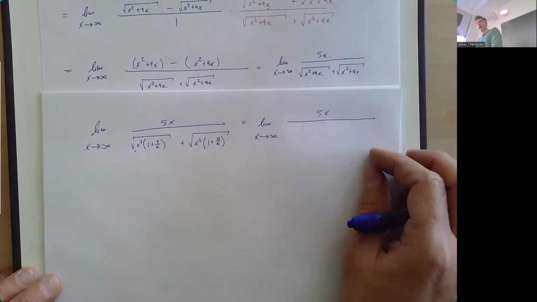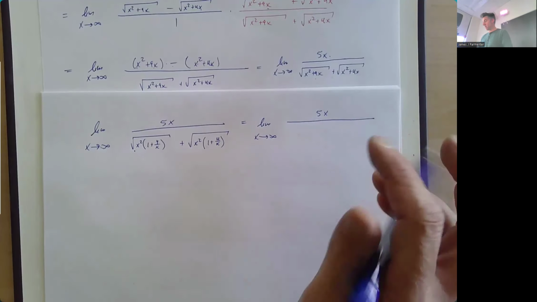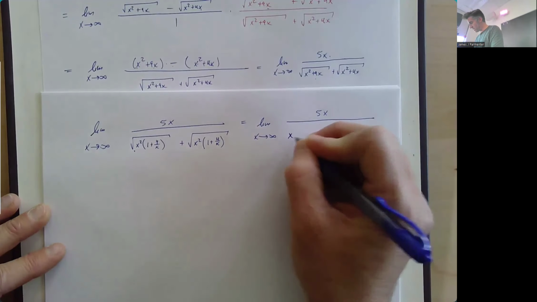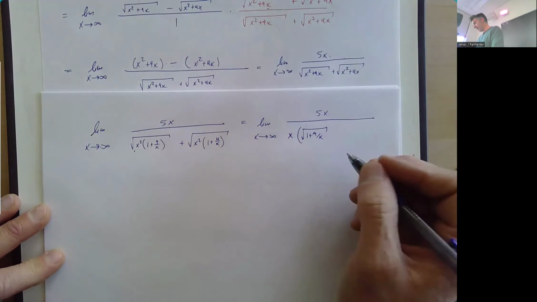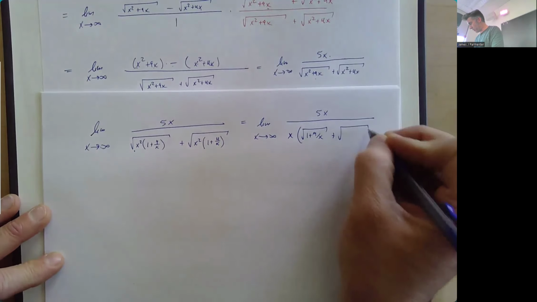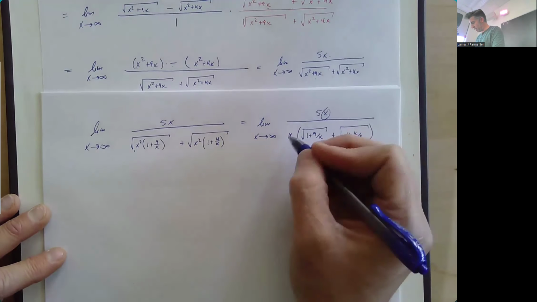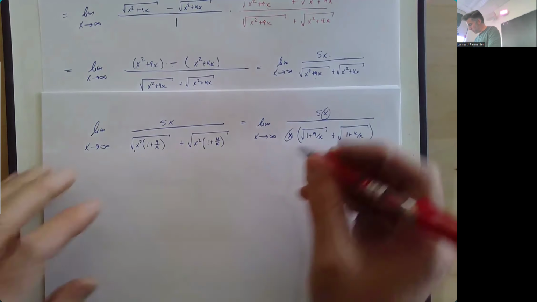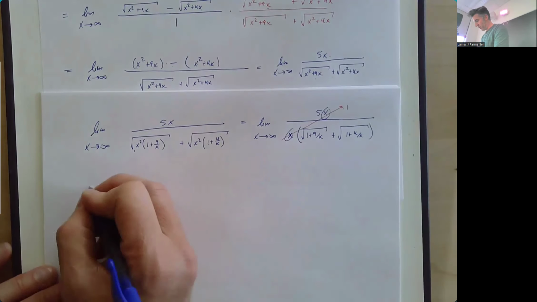Well, technically it's the absolute value of x, but since x is going to infinity, we can just say it's x. So we're going to have x times the square root of 1 plus 9 over x plus x times the square root of 1 plus 4 over x. And then this x divided by that x is 1.